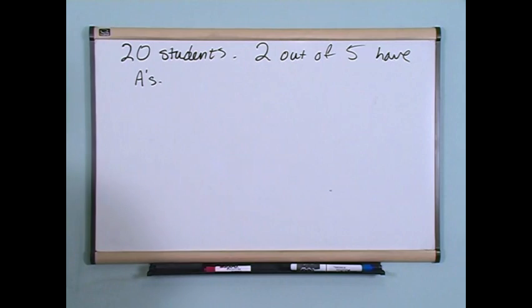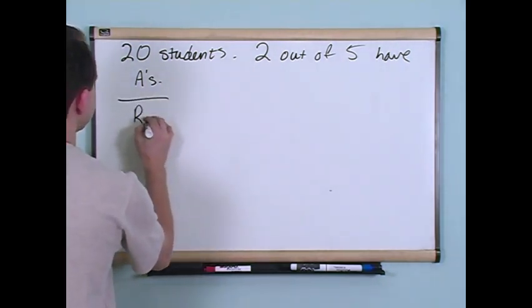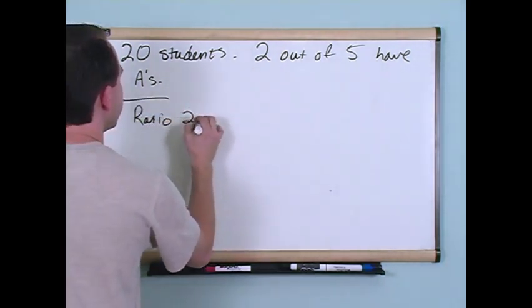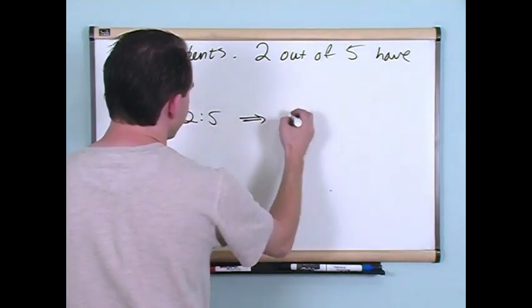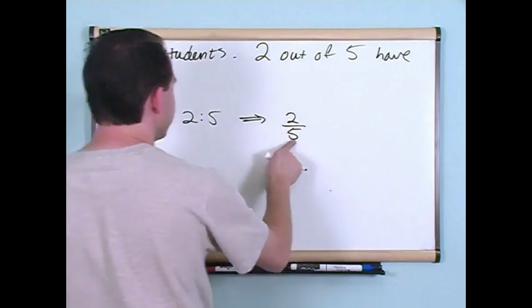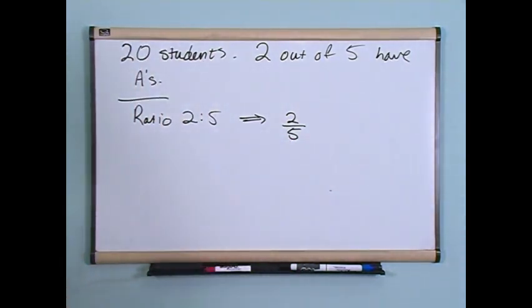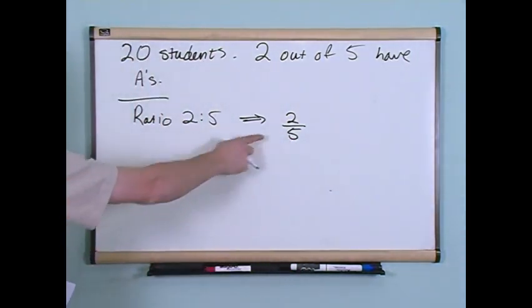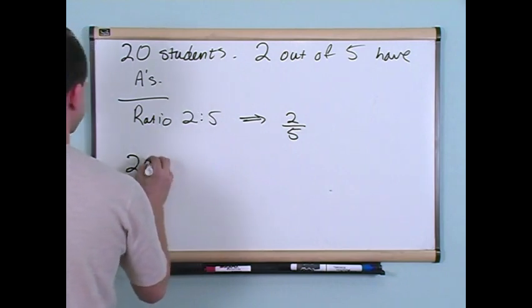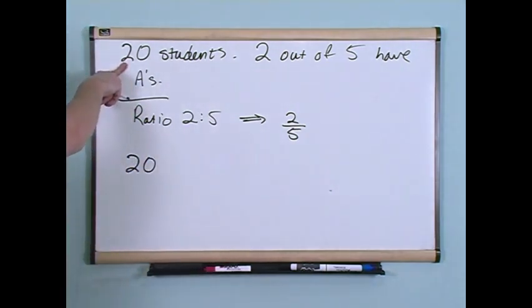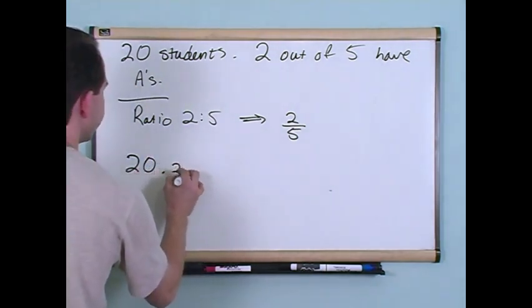Well, you have a ratio here. 2:5, but really it's much more useful to write it as 2 over 5. You're almost always going to be dealing with the fraction. Sometimes you'll see them ask you to write it down like this, but this is really the much more useful way to write it down. Okay? So in order to find out the total number of students, you just take the total number of students, multiply by your ratio, which is 2/5.